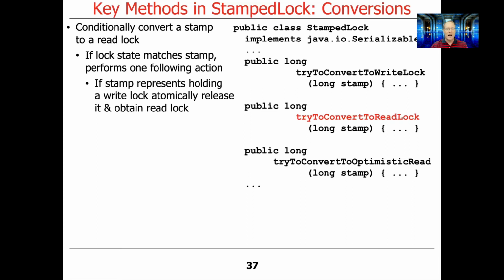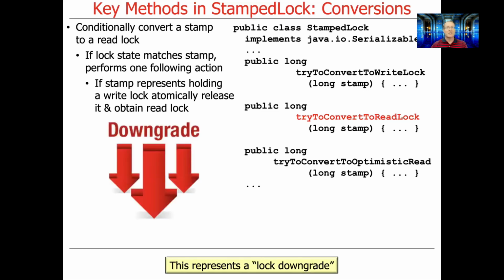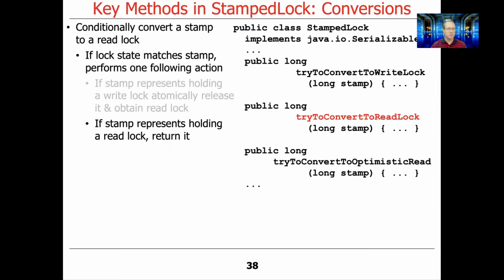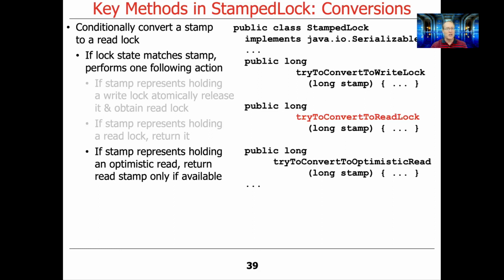If it's a write lock, then it will atomically release the write lock and put it in read mode. That's a lock downgrade operation. If it holds a read lock, then we already have a read lock, so we're done. And if it's an optimistic read, return a read stamp only if there's one available. In other words, somebody doesn't hold the lock for writing. Otherwise, return 0. If we cannot convert it to a read lock right away, it says, sorry, Charlie, couldn't do it.